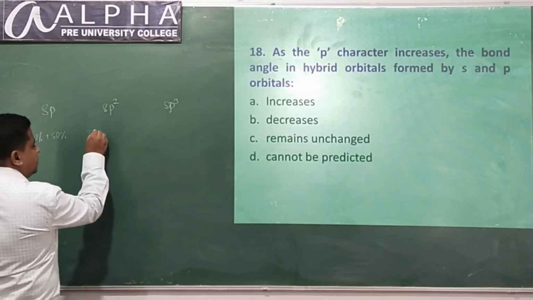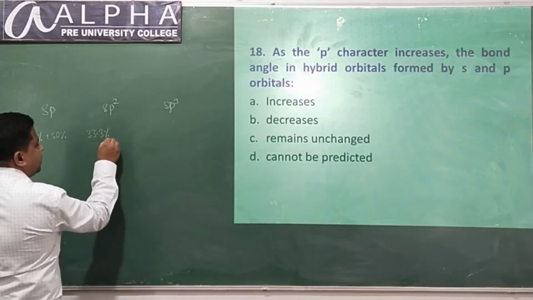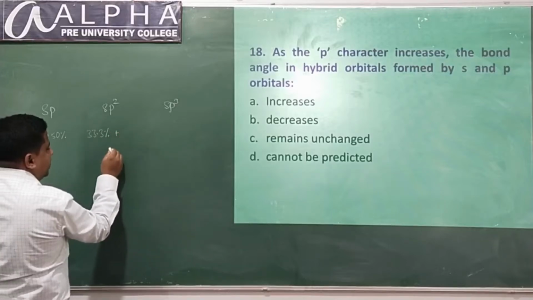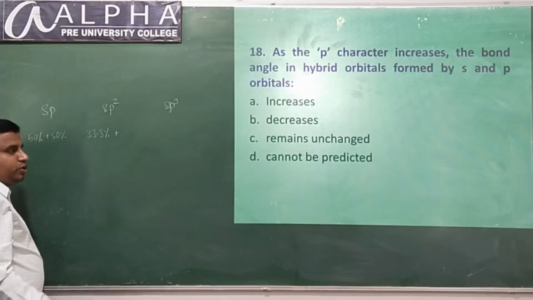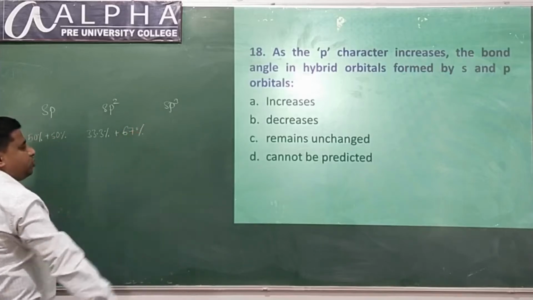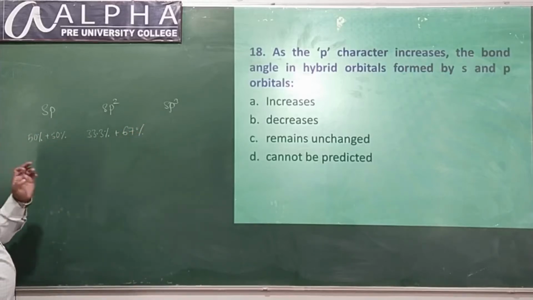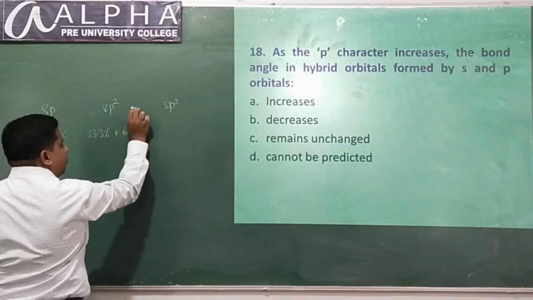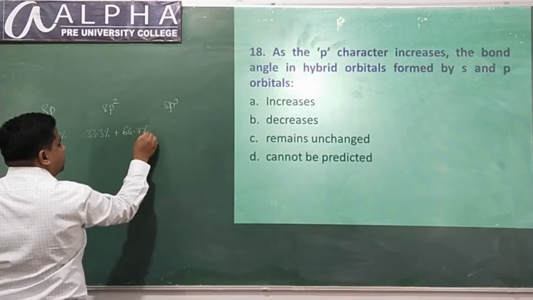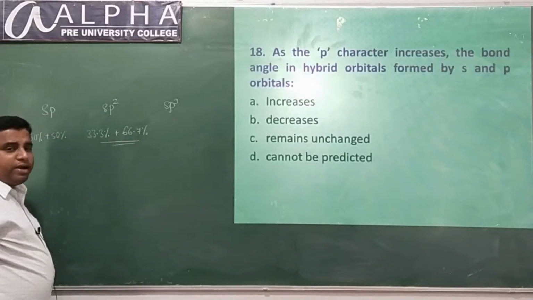Here it is 33.3% s character, and the remaining, 100 minus 33.3, is about 66.7% p character. How about in sp3 hybridization?